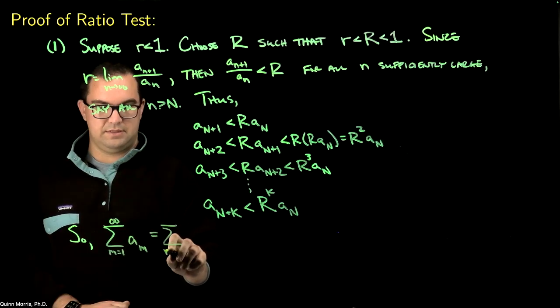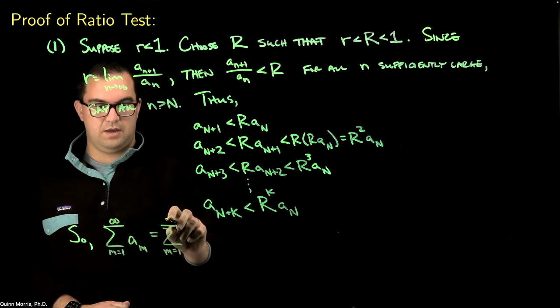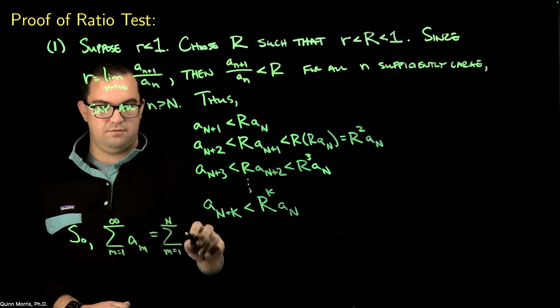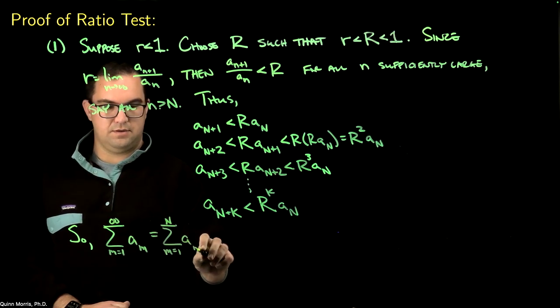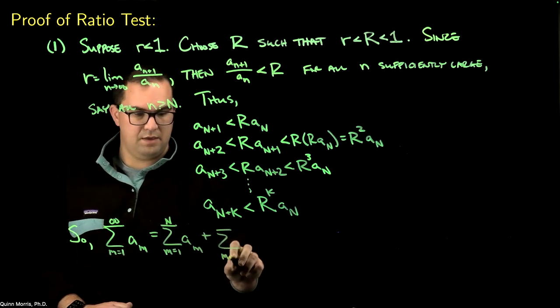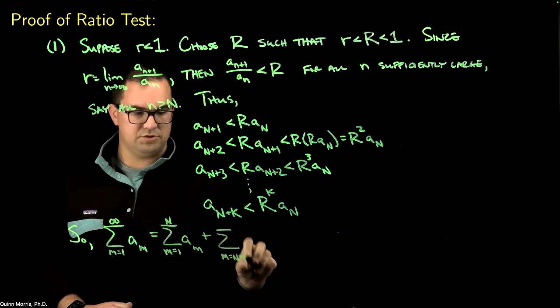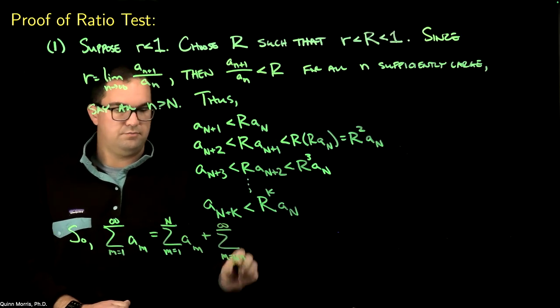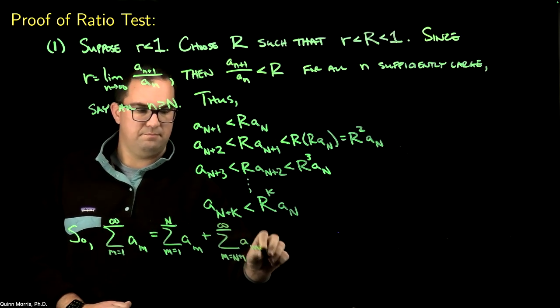What's that going to be? That's going to be the sum m equals 1 up to capital N of a sub m plus the sum m equals capital N plus 1 up to infinity of a sub m.